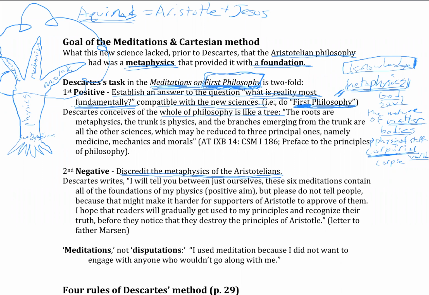And so, another work that we're going to be looking at, besides the Meditations and the Objections and Replies, is the Principles of Philosophy.